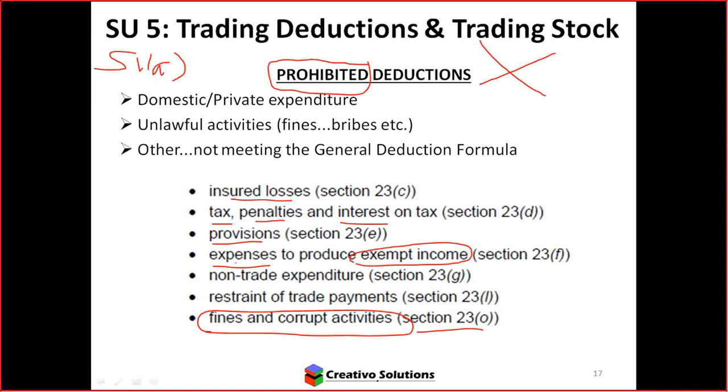So if you incurred expenses to generate income, SARS says, well, we understand that it costs you a certain amount of money to run and create the business, and therefore they'll allow you to claim certain expenses for that income. Got that? Yes, sir. Okay. Non-trade expenses, obviously not. Restraint of trade payments, obviously not.